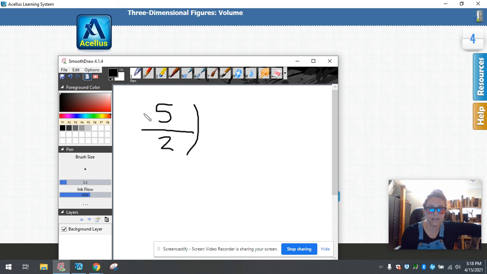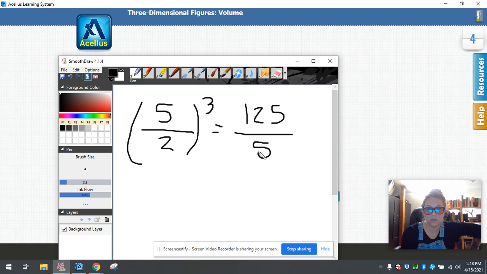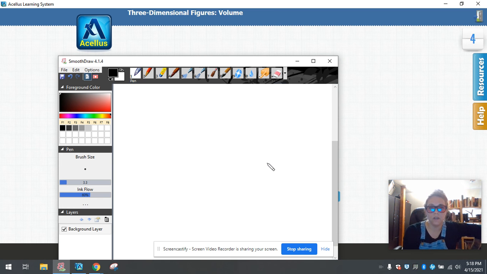And then I cube that. So I go to my calculator and I type in 5 cubed. And if I do that, which I'm not going to do, I get 125. 2 cubed, put in a calculator or don't, because you know it's 2 times 2 times 2, which is 8. Now I have the info that I need to set up my proportional equation.